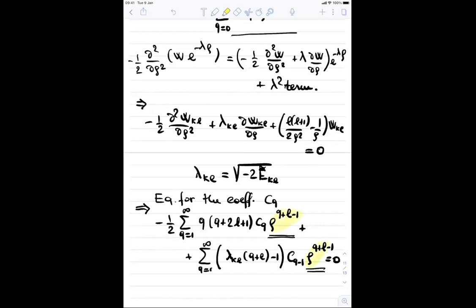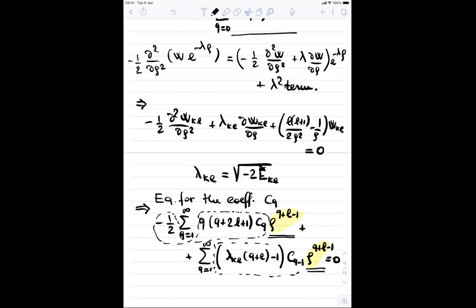Which means that these objects can be 0 only if term by term the coefficients actually match. So this coefficient here has to match this coefficient here.